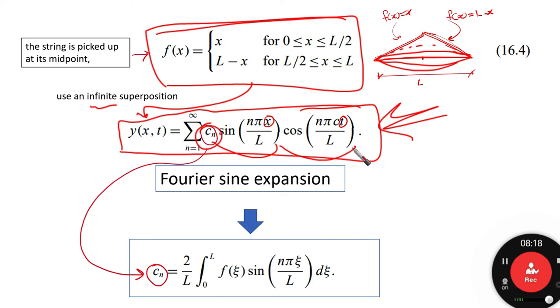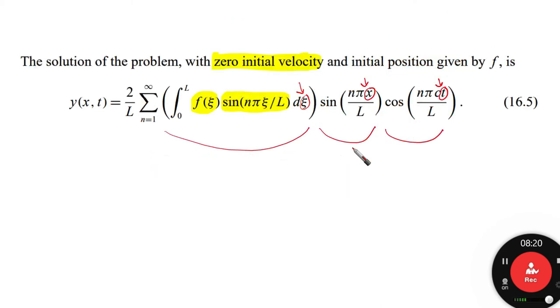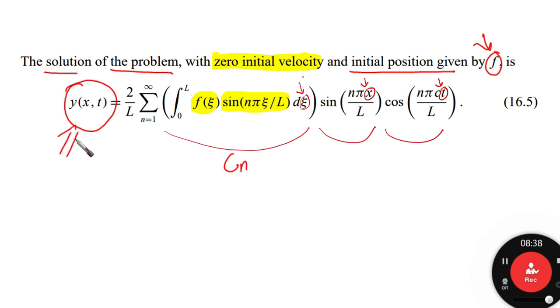We represent this by this, which is the solution of the problem with zero initial velocity and initial position given by the function f. If you remember, this is Cn here. This is exactly the wave function that we are dealing with.